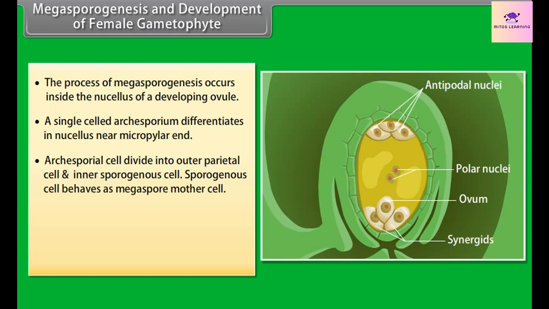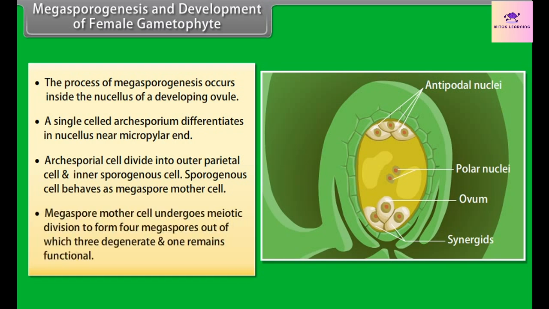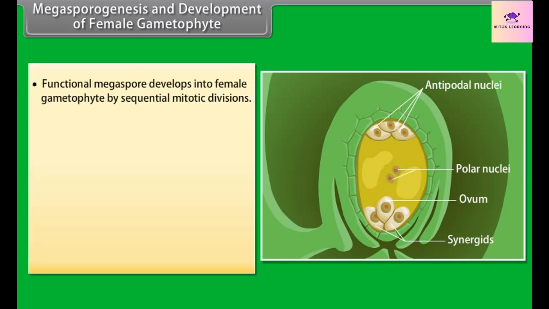The sporogenous cell behaves as megaspore mother cell. Megaspore mother cell undergoes meiotic division to form 4 megaspores, out of which 3 degenerate and 1 remains functional. The functional megaspore develops into female gametophyte by sequential mitotic divisions.